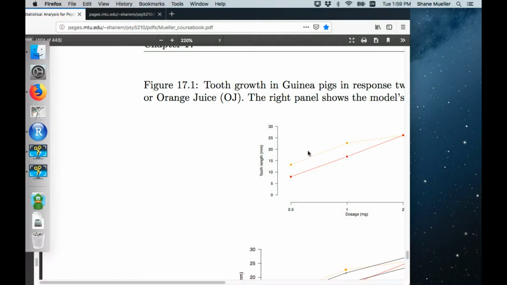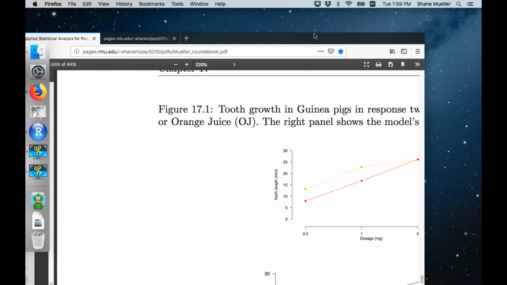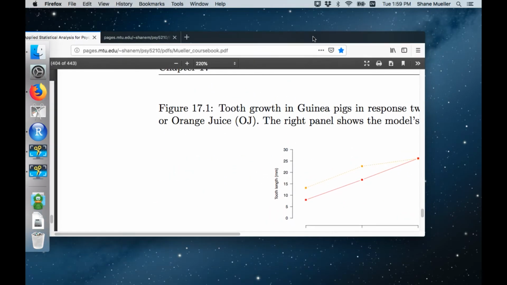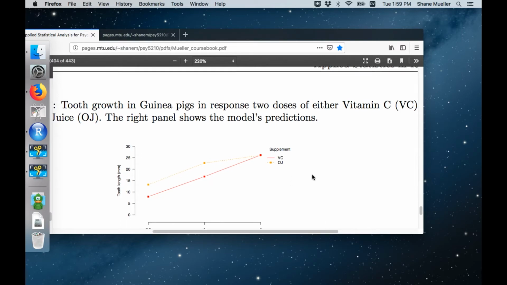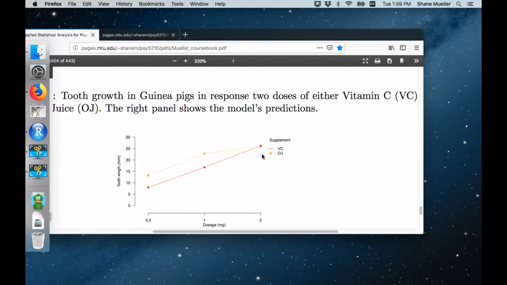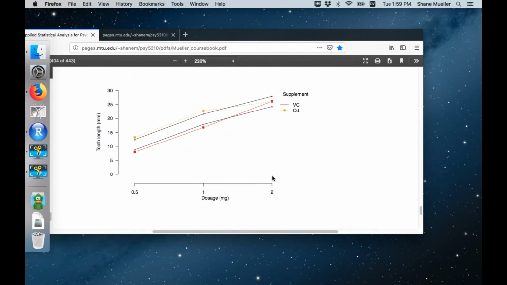We can see that in this data set it was measuring the growth of guinea pig teeth based on different dosages and different supplements. Before, we had just modeled this as two independent effects, but as you can see, there's what looks like an interaction, at least, in that there is no difference here, but there is a difference here, and there is a difference here.